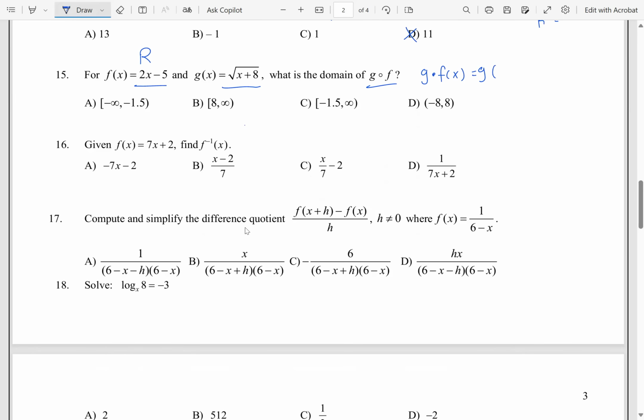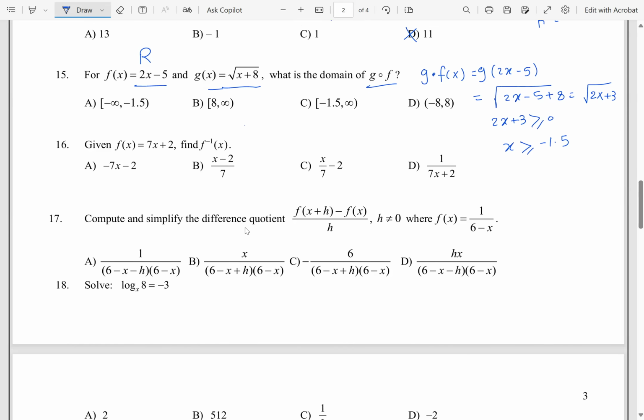g of the f of x is 2x minus 5, and then substitute 2x minus 5 into g, this one, square root of 2x minus 5 plus 8, which is 2x plus 3. The domain of this function is 2x plus 3 is bigger than or equal to 0, and x now is bigger than or equal to negative 3 over 2, which is negative 1.5.